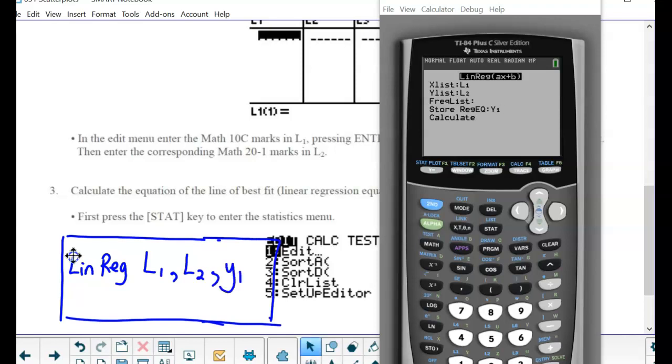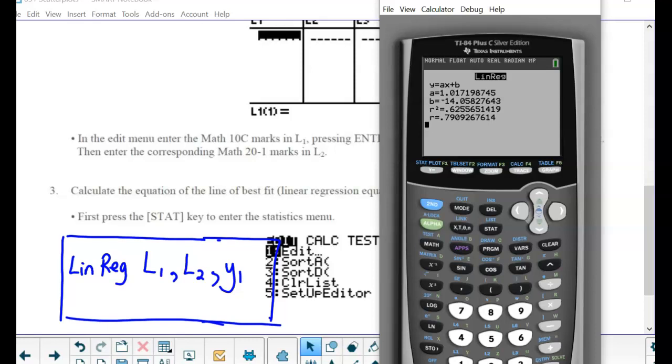If you have an older version of the calculator, you actually see that flash up on the newer versions once I press calculate. But older versions, they don't prompt you for those particular lists and values. So then calculate, so you can see it flash there, and then it gives you the result.